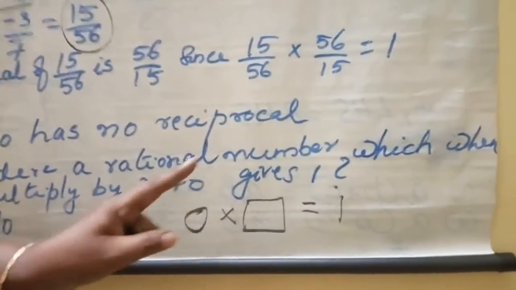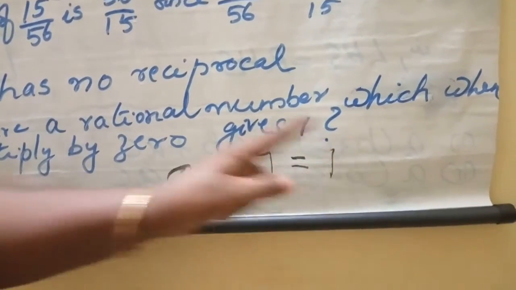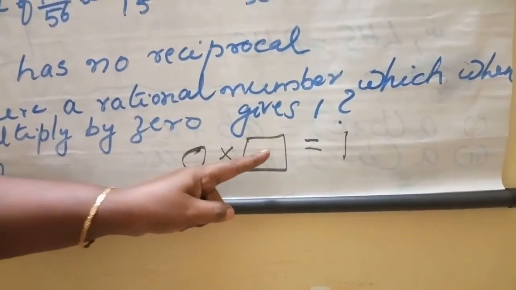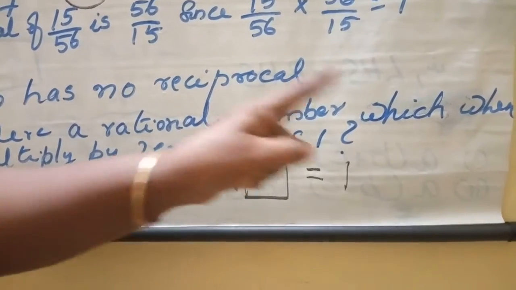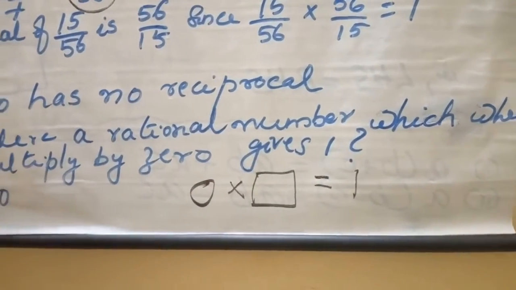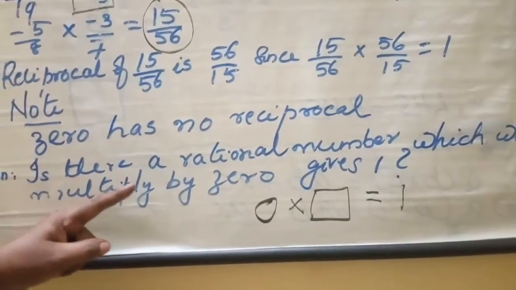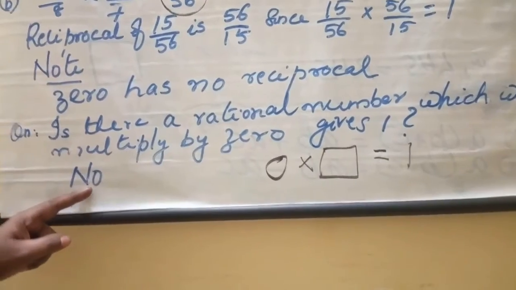The question is 0 multiplied by a number, the result is 1. Can you find any such number? Can you fill up this box? No such number is there, because you know that 0 multiplied by any number, what is the result? 0. So we can say that there is no such rational number which when multiplied by 0 gives the result 1. That is why the answer is no.